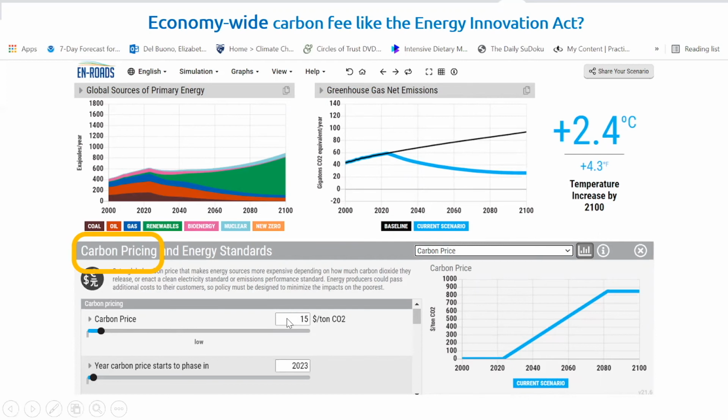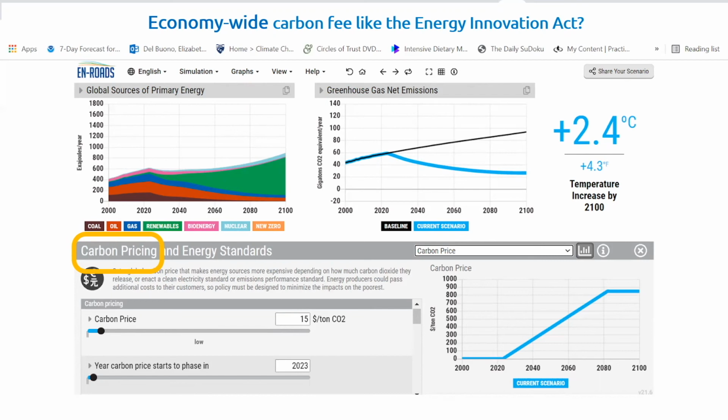It would start relatively low at $15 per ton, and it would increase in a very predictable, transparent way by either $10 or $15 over time, creating a very, very clear price signal so businesses can prepare for this change, prepare for the cost being passed down, and innovate so that they can, in fact, produce the same product or service using less fossil fuels, less carbon-intensive energy.